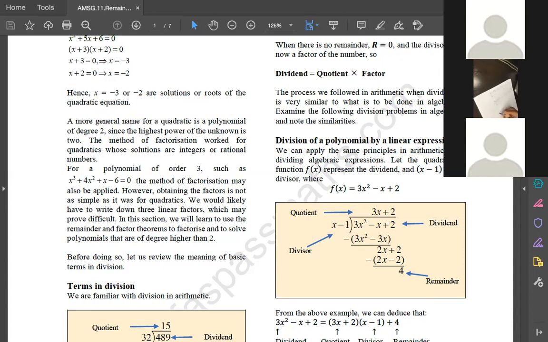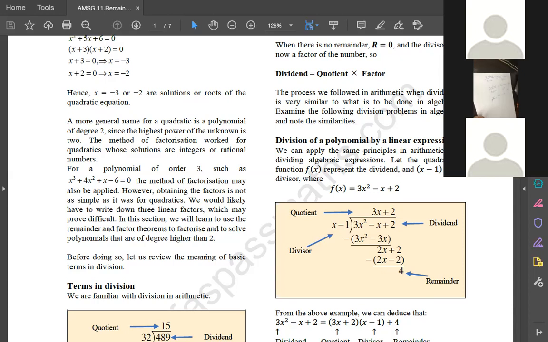Now f of x is equal to 3x squared minus x plus 2. This is your function. So this is how you write f of x. Or f colon x is accepted. Or a function like this, f x. They are all the same.